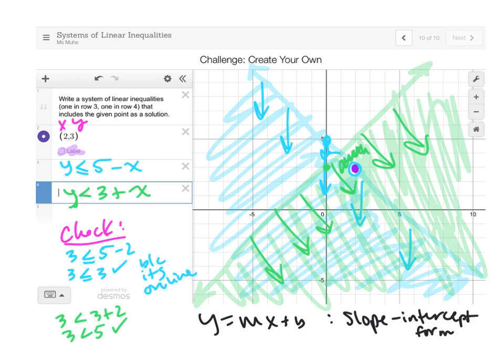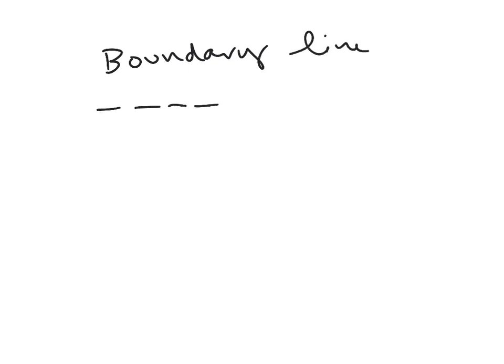So let's go to the next slide. Okay, so boundary line. If it's dashed versus if it's solid, this is like an open dot or circle, and this is like a closed dot.